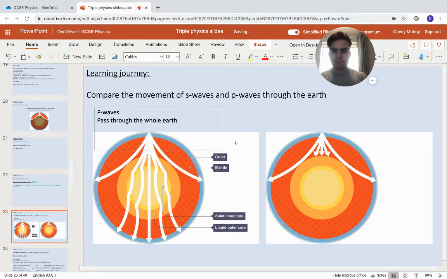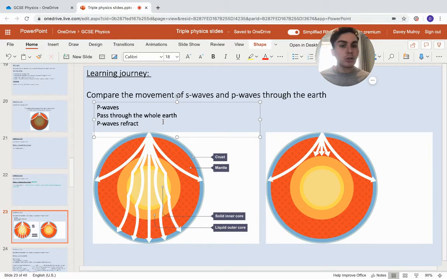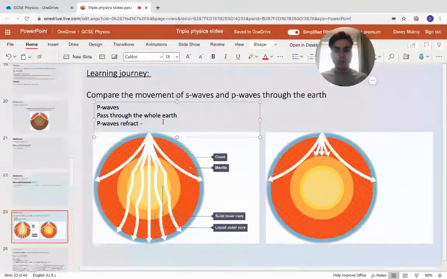That's our first thing. And the second thing you'll notice is that in the center of that Earth, they bend, don't they? The reason for this bend is that P waves refract, or they undergo refraction. And the reason for this is that we've got our liquid outer core.